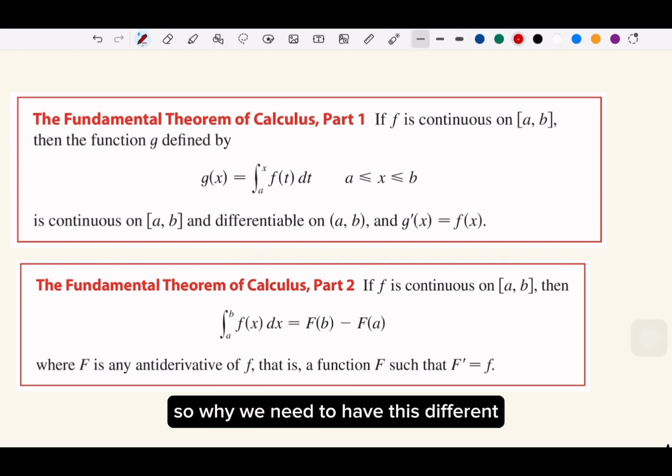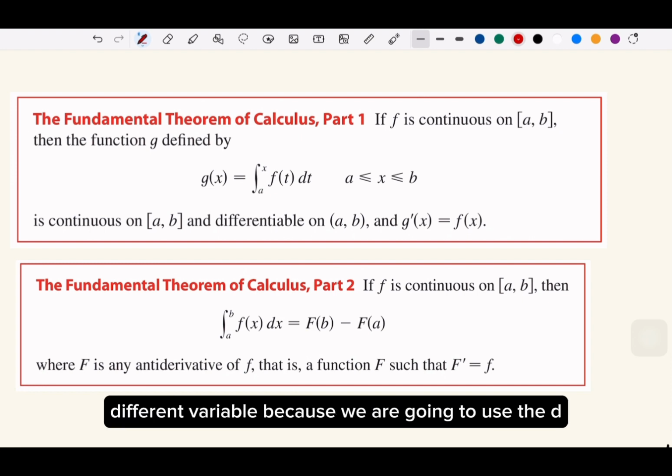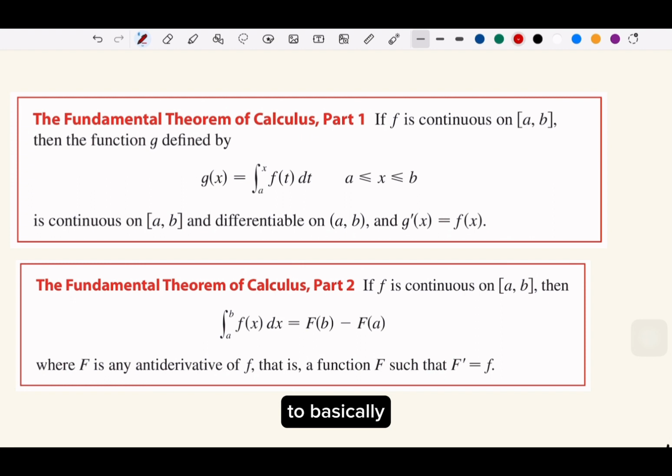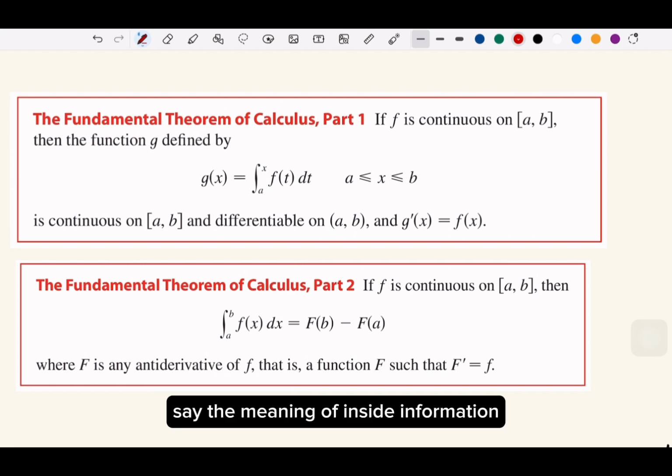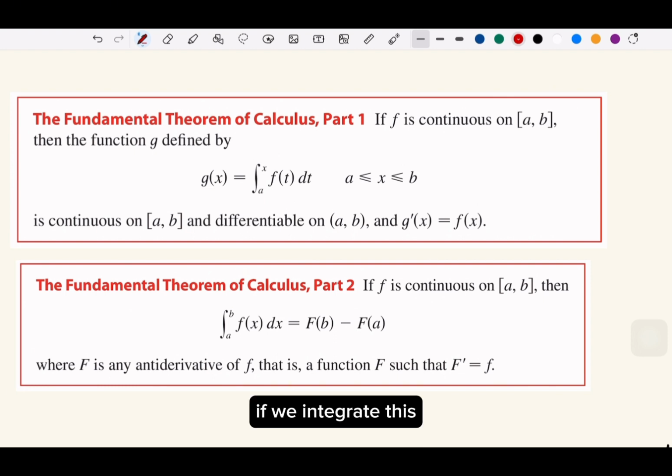So why do we need these different variables? Because we are going to use the t to state the meaning inside the integration, and then the other variable will be the result if we integrate this.